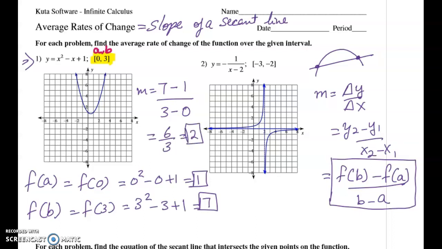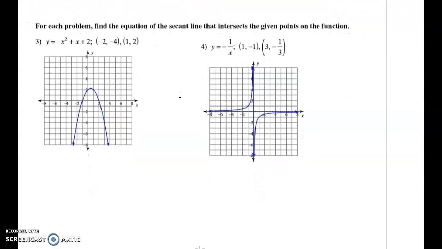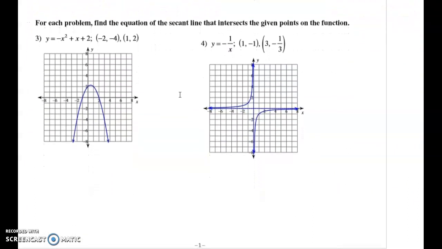So always keep this in mind: average rate of change is nothing but the slope of a secant line. Let's try one more question. Now instead of asking for the average rate of change, they want us to find the equation of a secant line.